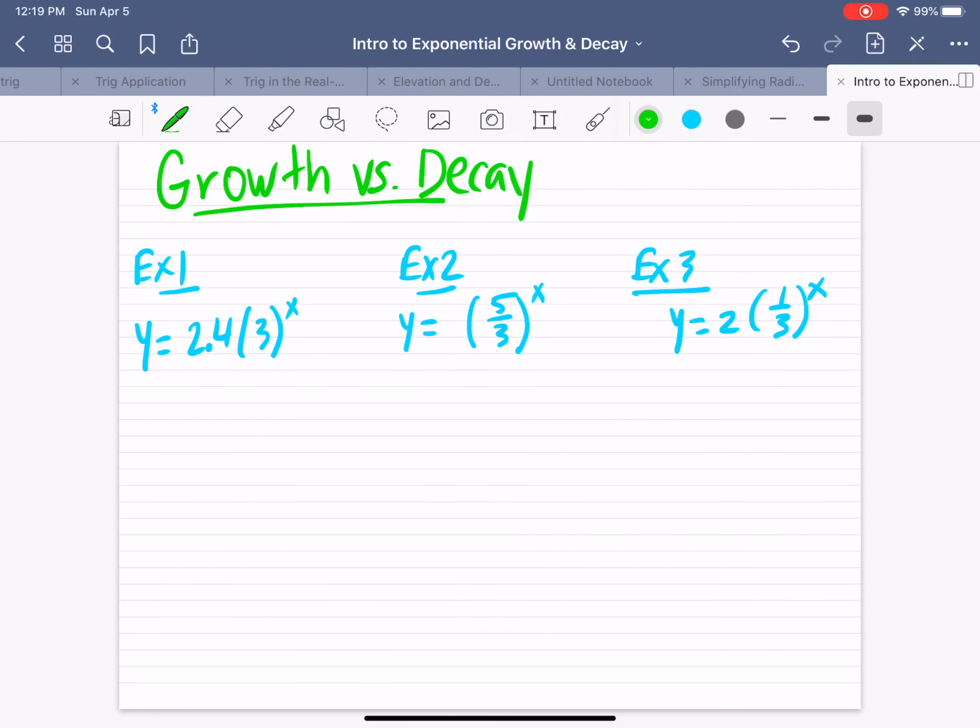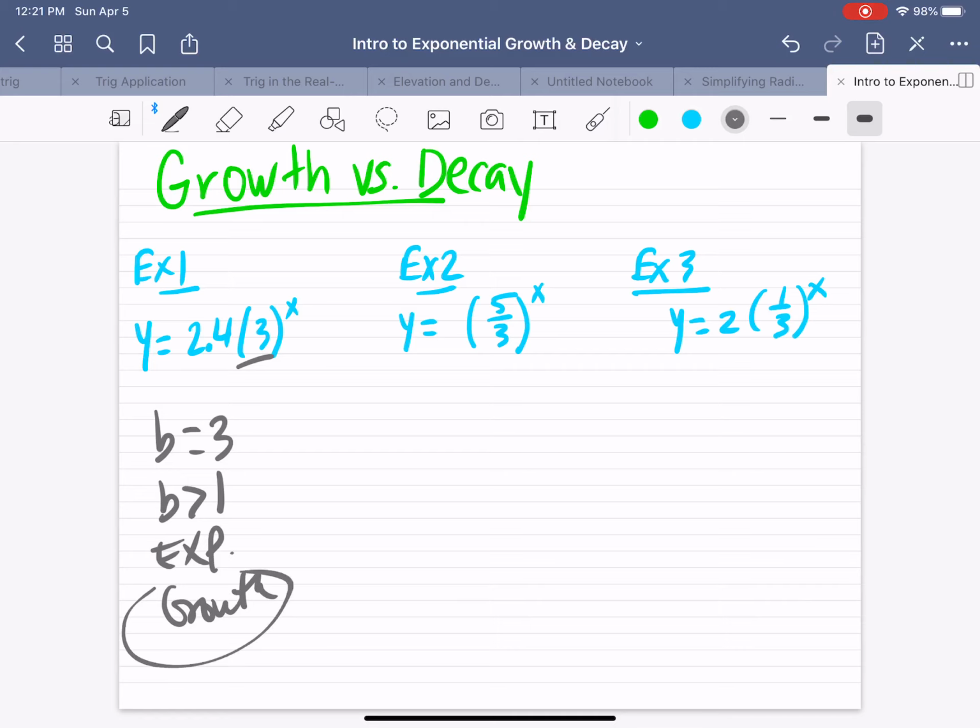Now, let's identify if these three examples are exponential growth or exponential decay just by looking at the equation. So pause the video, try, then come back. So example number 1, the b is equal to 3. So the b is greater than 1. Therefore, this is exponential growth. Now, example number 2.